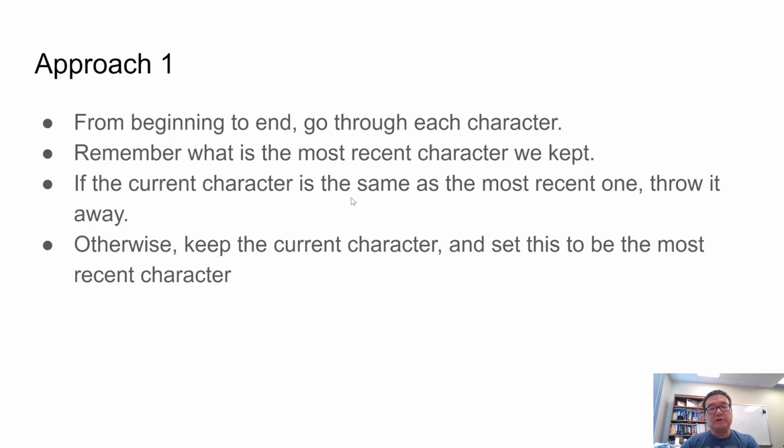If the current character is the same as the previous one, then we have to throw the current character away. So that means we need to remove 1 more. There's just no way around that. Otherwise, we just keep the current character. Now we need to remember this current character because this is the one we are going to compare with the next one.